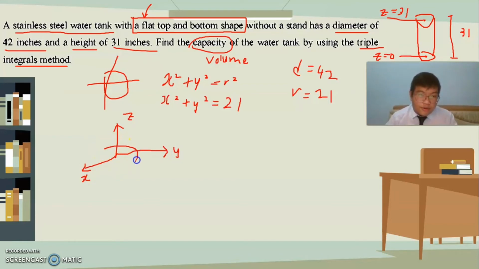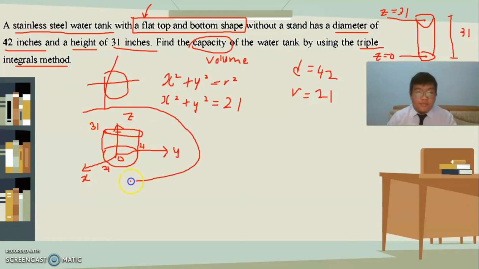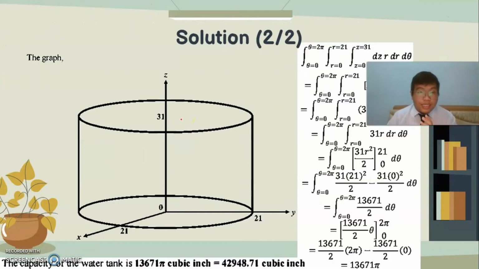The bottom is round, and the radius is 21. So the height here is 0, up until z is equal to 31. So this is the proper graph for the question.